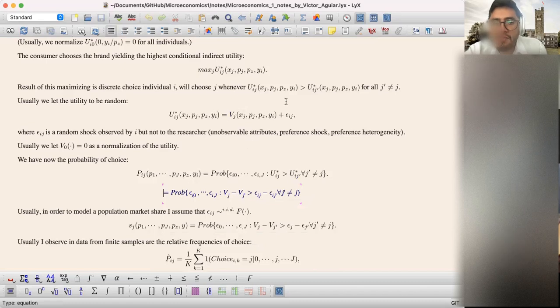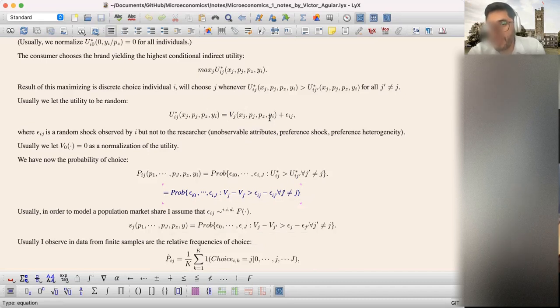As you can see, this is measuring the event inside the probability: the event that alternative j is the top, the most preferred item, and hence chosen. Because this happens with respect to the realization of the epsilons, this is measuring the probability of such an event given the distribution of epsilon.